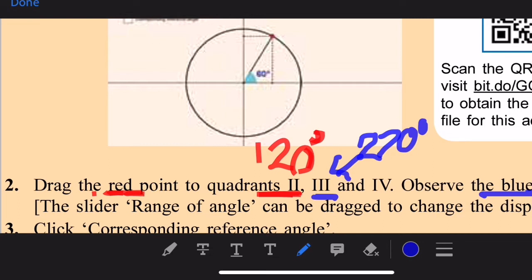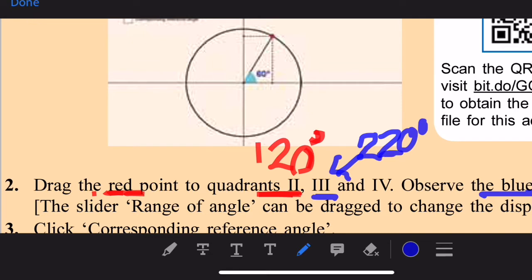If I move to the third quadrant, which is 180 to 270, you can see the purple angle in the third quadrant is 60, right? And then the blue angle now is 240. Can you see that?